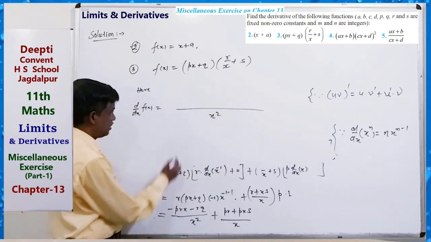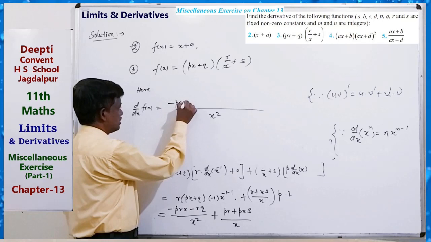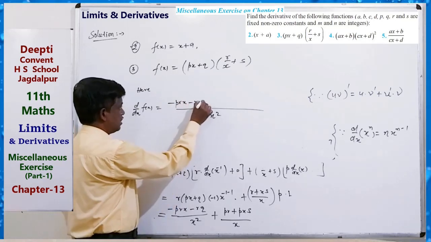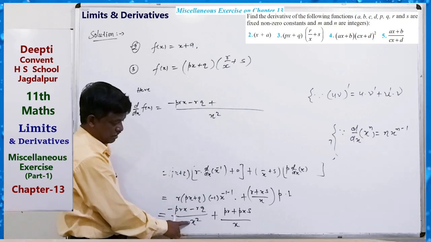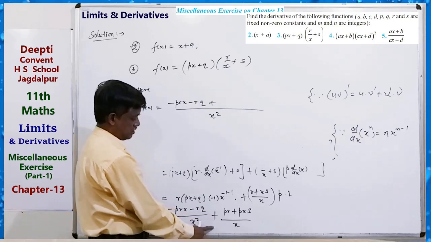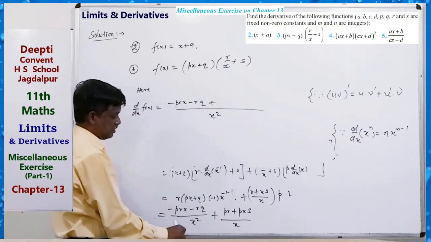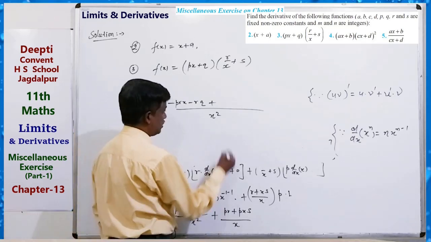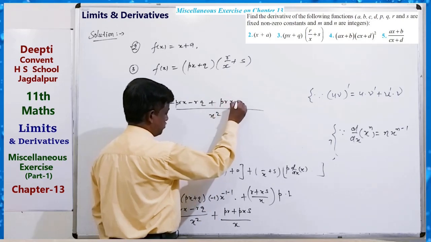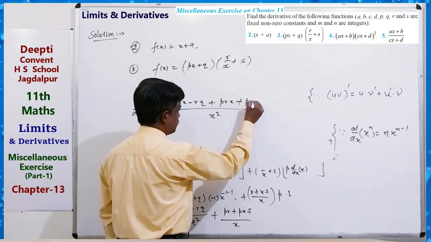Now here: minus prx minus rq plus, x is multiplied here, so prx plus px square s.